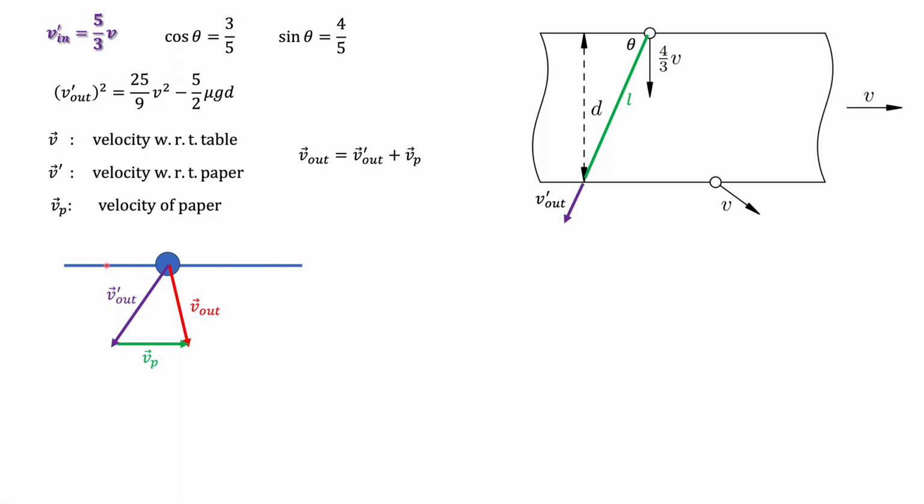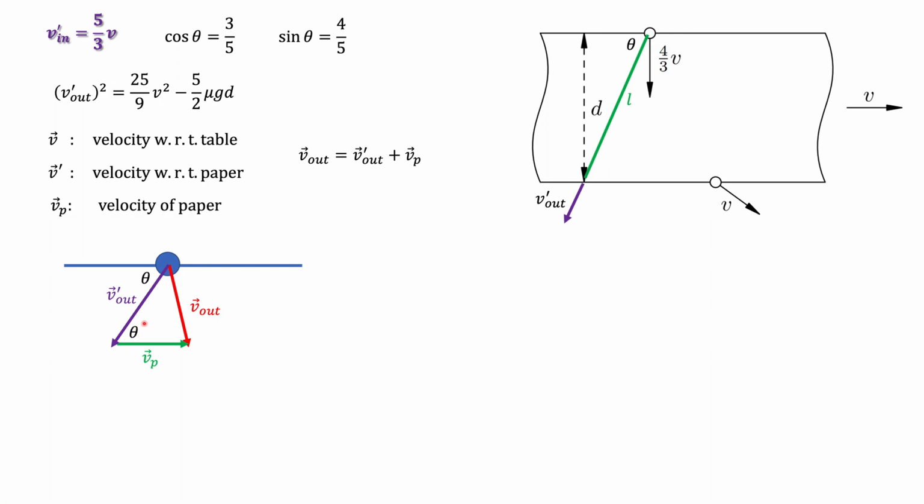Now notice this angle between the horizontal line and V prime out is theta. Also notice that blue line and green line are parallel. Therefore, this angle between purple line and the green line is also going to be theta. Those two angles are what's called alternate interior angles for the parallel lines, and they have to be congruent.